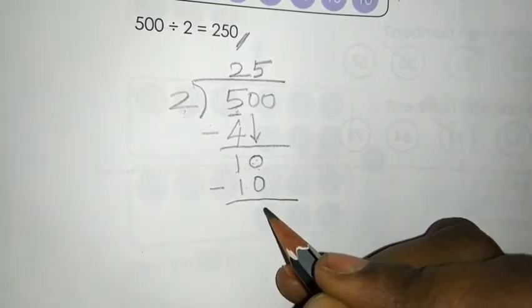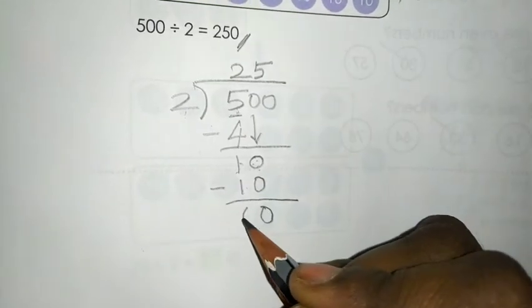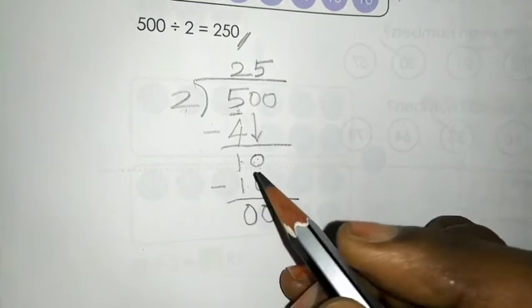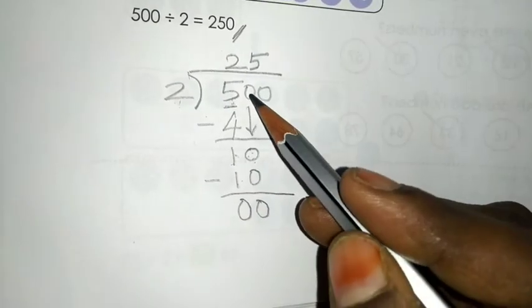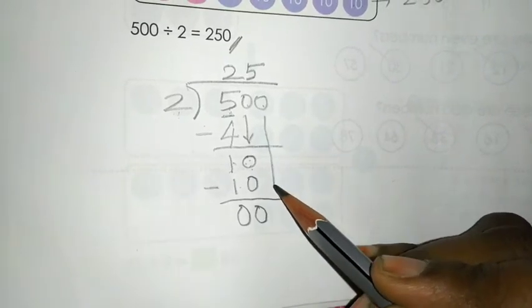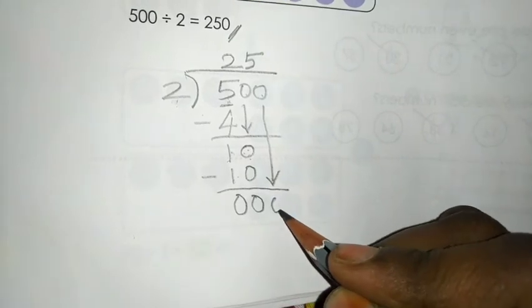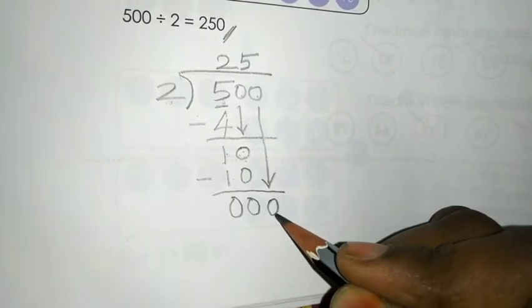0 minus 0 is 0. 1 minus 1 is 0. Now, do you have any other number after this 0? Yes, one more 0 is there. So again you have to bring down this 0. This is not the answer.